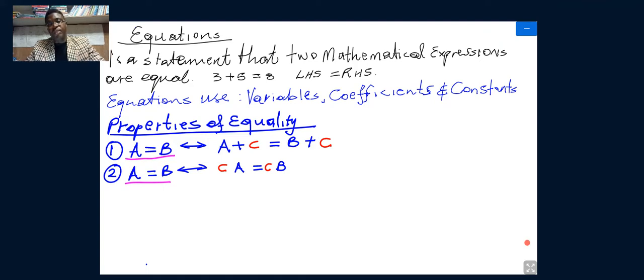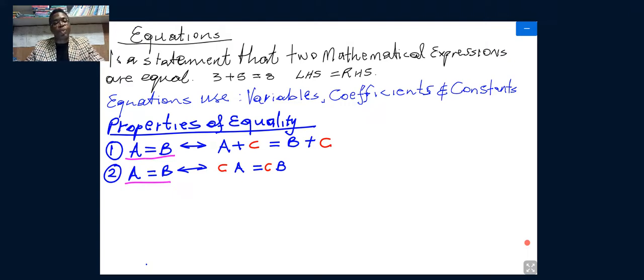A coefficient is a number that multiplies the variable. Whether it is a fraction or a whole number, it multiplies a variable. You can never have a coefficient of 0, because 0 multiplied by a variable becomes 0. A constant is a freestanding number, not attached to or multiplying any variable.